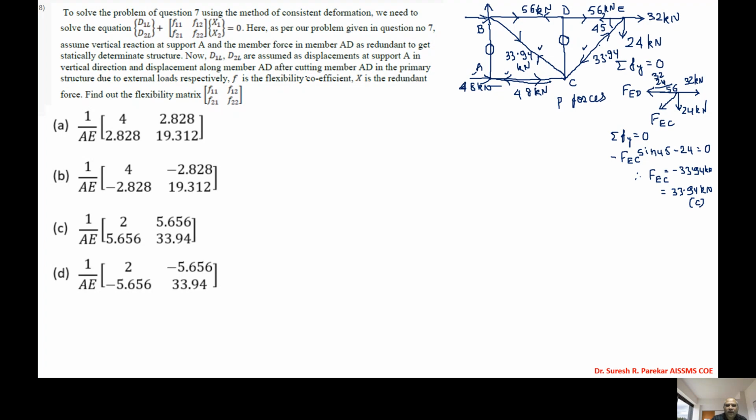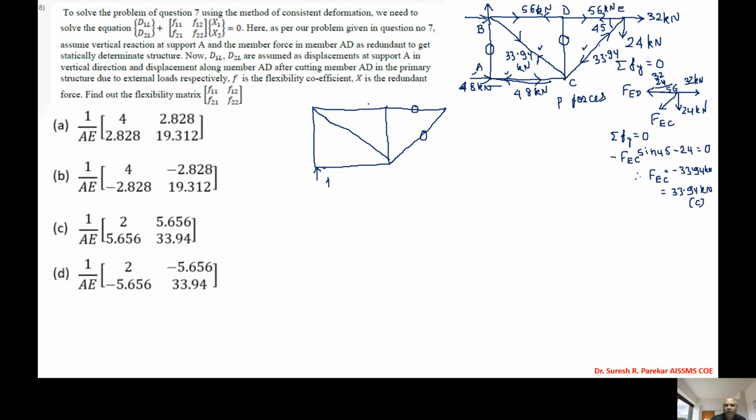Now we will consider, first, the vertical reaction at A as redundant. So that will give us the K1 forces. So this value will be 1 positive. Then we have these as the members. Likewise, as there is no load here, I will have this 0, this 0.